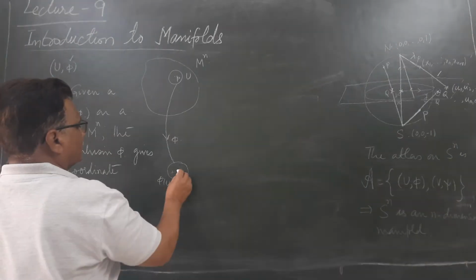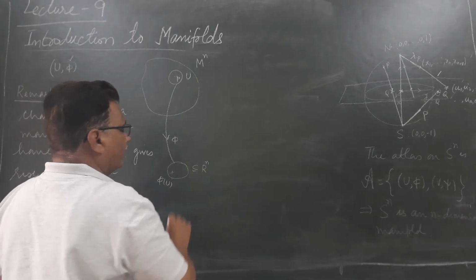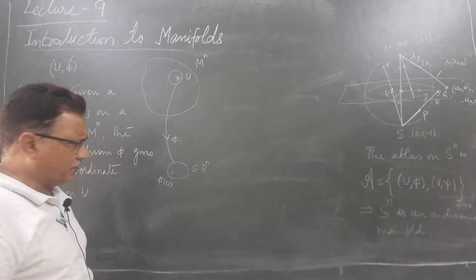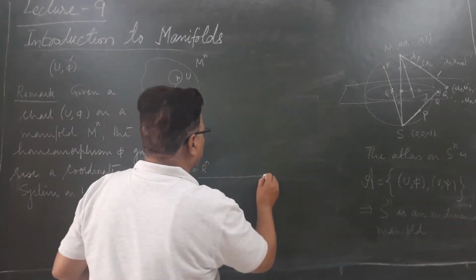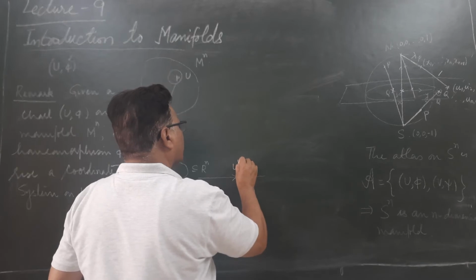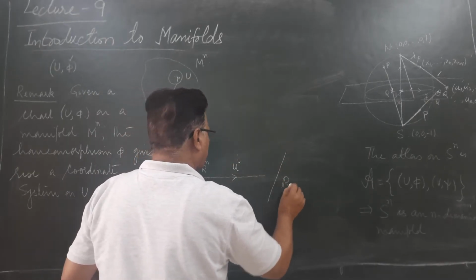So this set is a subset of Rn, and on Rn I have global coordinates. You denote those global coordinates by ui.